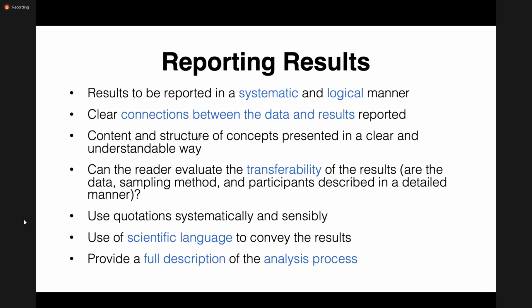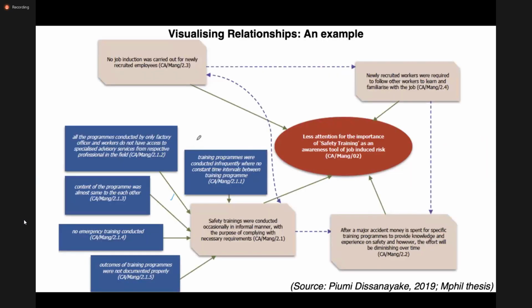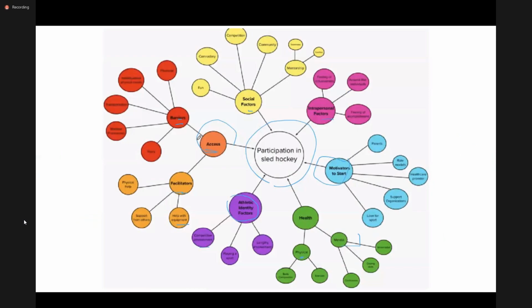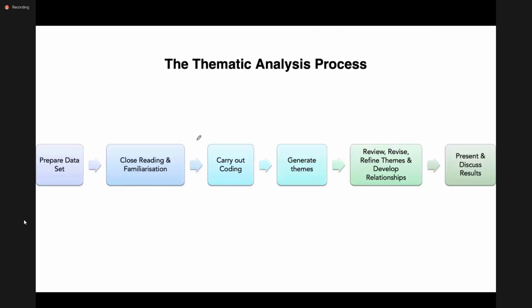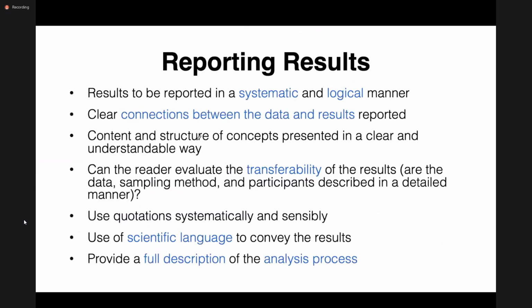So present your content, the structure, organize your themes in a clear and understandable way. So maybe using thematic maps like this or tables like I showed you. So make sure that you present the final picture of your analysis in a clear, understandable way.